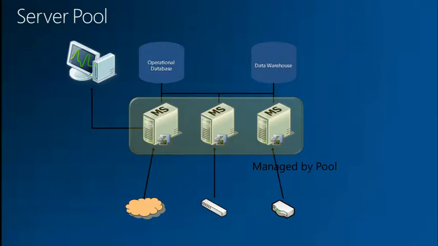You just say that for these 100 Unix or Linux servers, I want them to be managed by this pool that has 3 management servers in it. And that's all you need to do. We'll handle the rest. We'll distribute how they manage the monitoring workload themselves. And in the event of a failure of a management server, the other server will pick up the workload and automatically handle the failover. And monitoring continues. No blackouts, business continuity served.